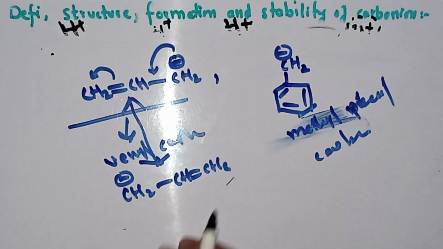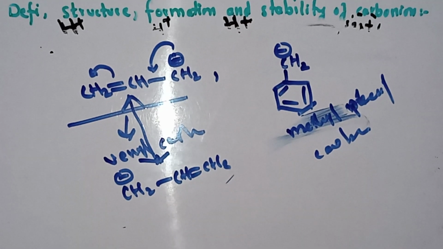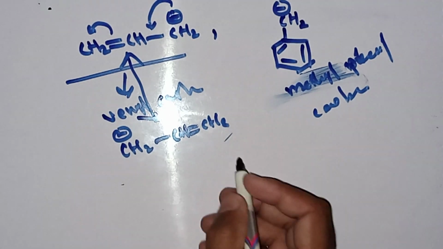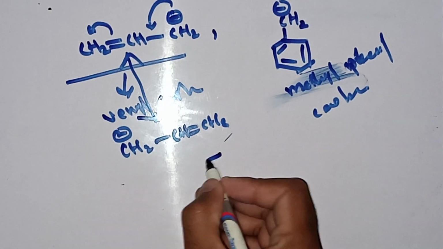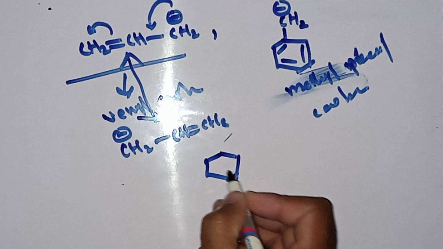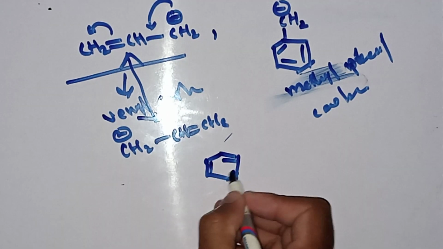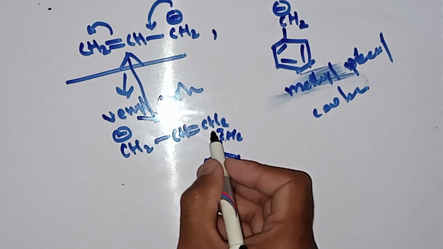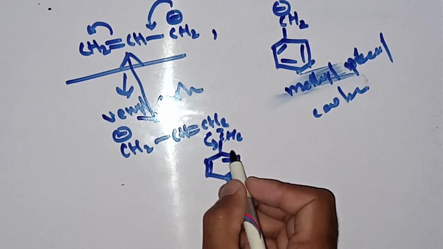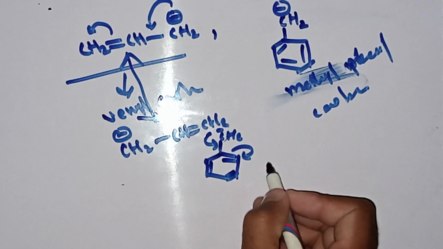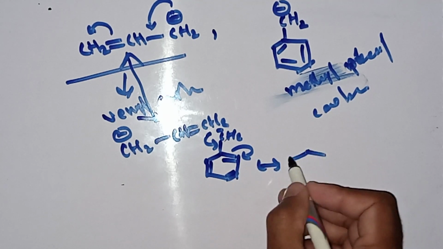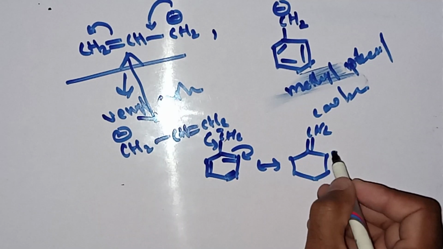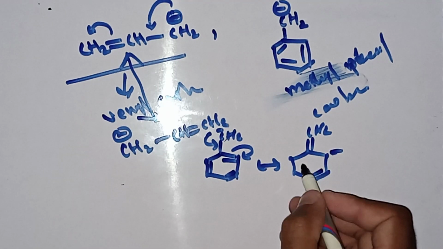Here the situation will be like that. Let's take the correct position of the camera. This is CH2 negative. If this negative charge makes a double bond here, this double bond will shift here, and it will make this structure: double bond, CH2 negative charge, double bond, double bond.